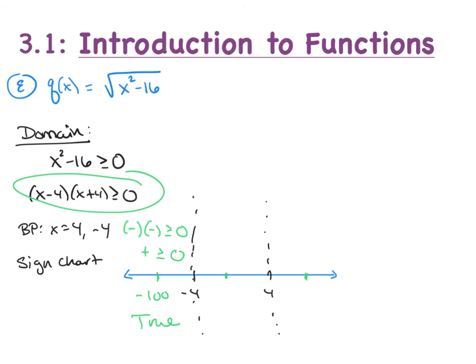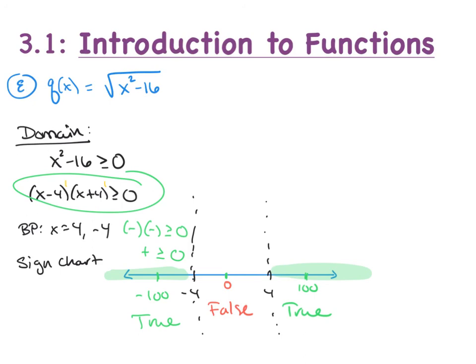And if you remember, because we have odd exponents, this is going to alternate around all of our boundary points. So it should go true. If you picked 0, let's say, in here, you should get false. And if you pick something like positive 100 on the far right-hand column, you should get true again. So the columns that we want are always the true columns, which are the two outside ones.